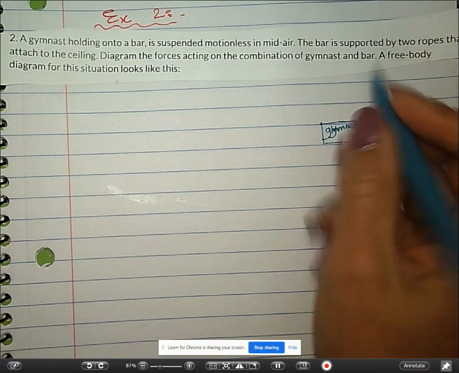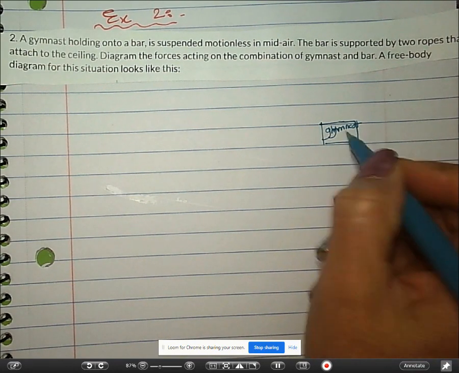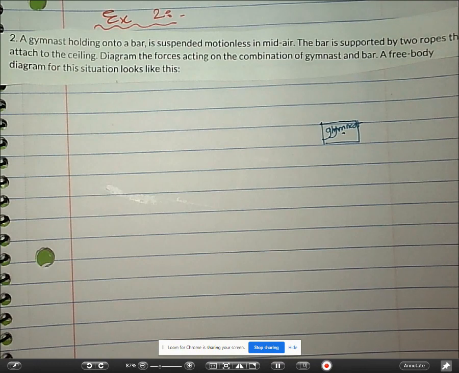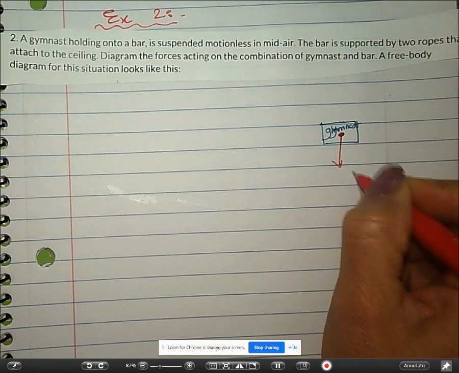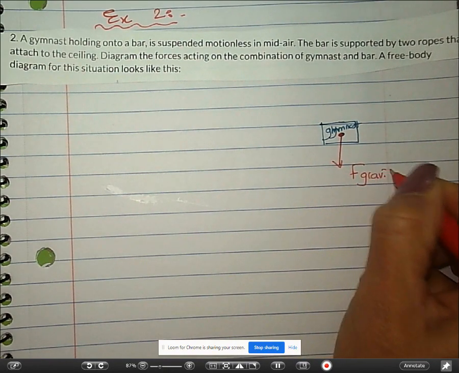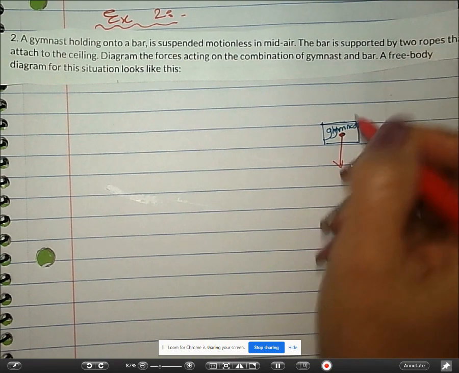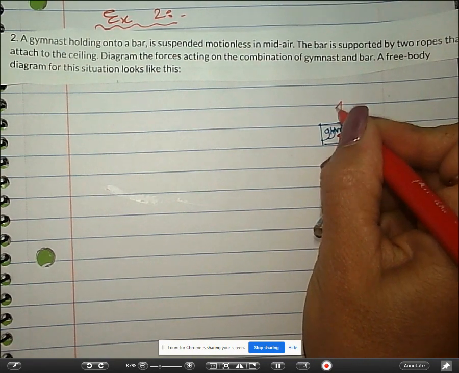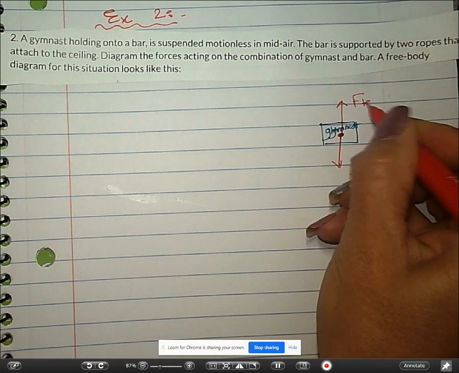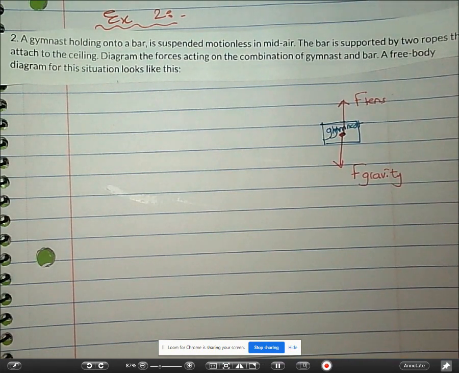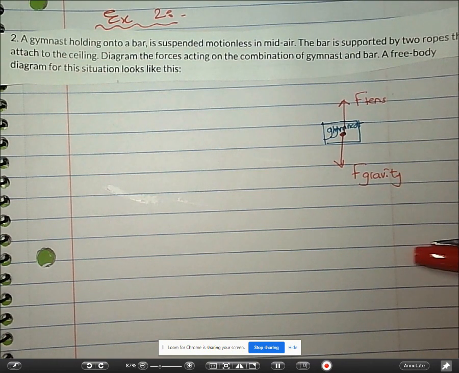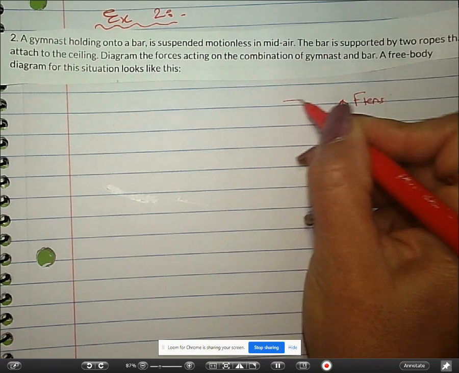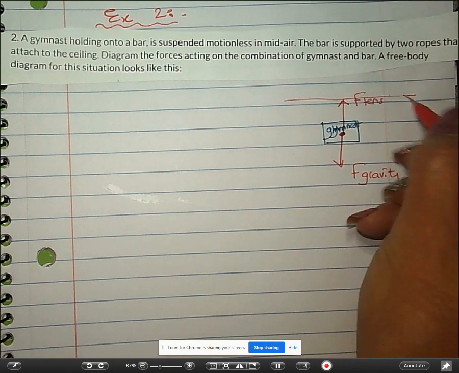When she's holding onto a bar, you should right away know that there is a force pulling downwards, which is the gravity force. And then there's another upward force. One of them is the tension force acting upon the gymnast, the tension between the gymnast and the rope, because remember, she's hanging onto the rope.